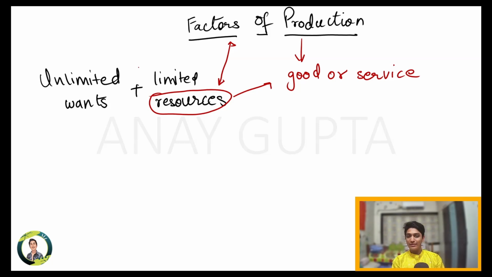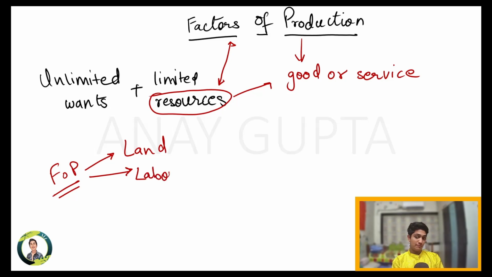Now, factors of production, or I could say FOP for short, can be classified into four different types. Okay, land, labor, capital, and enterprise.